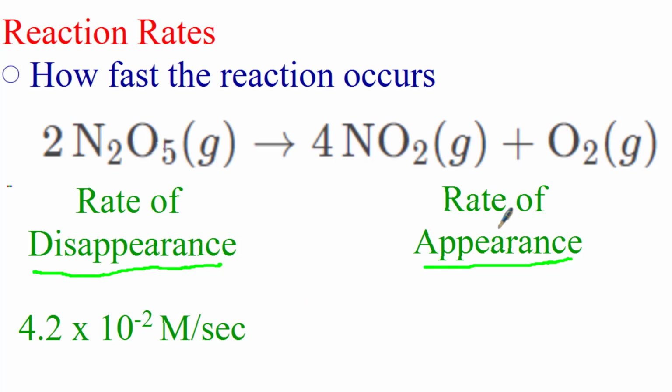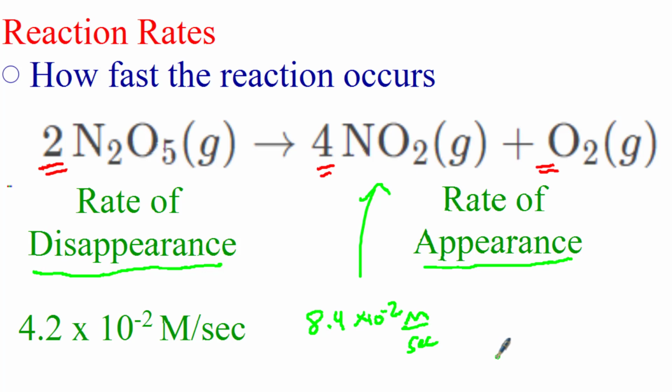Well, how are we going to figure out the rate of appearance? We're just going to go to our molar ratio. For every 2, we're going to produce 4, and we're going to produce 1, which means for every 4.2, we're going to produce 8.4 times 10 to the negative second molar per second. That's the rate of appearance of the nitrogen dioxide.